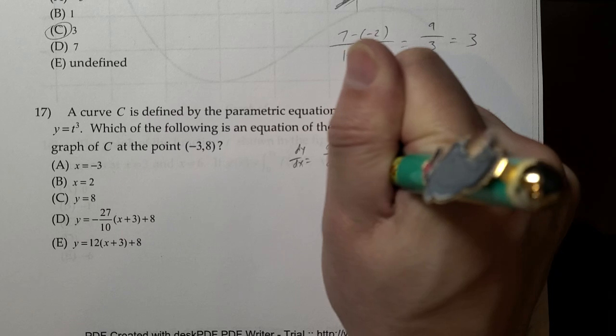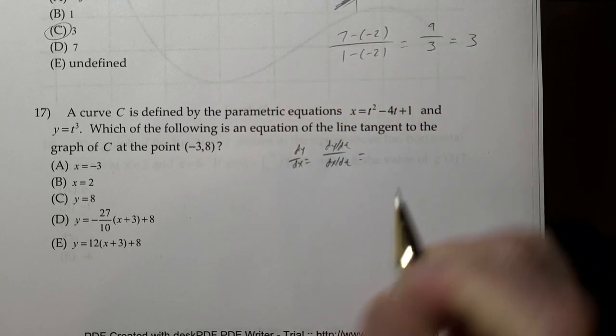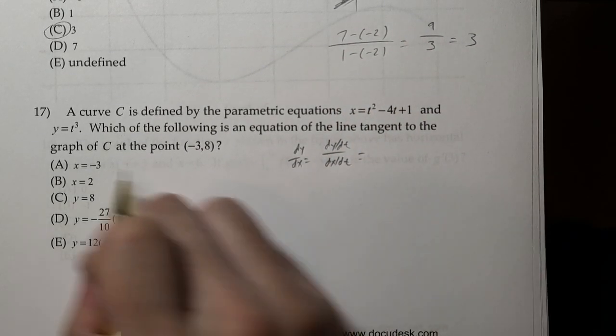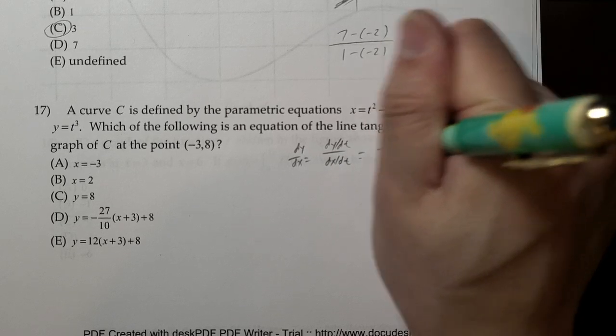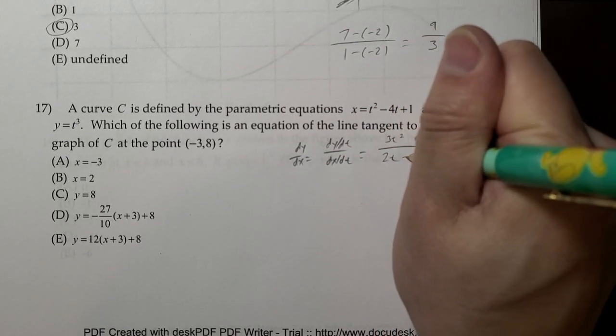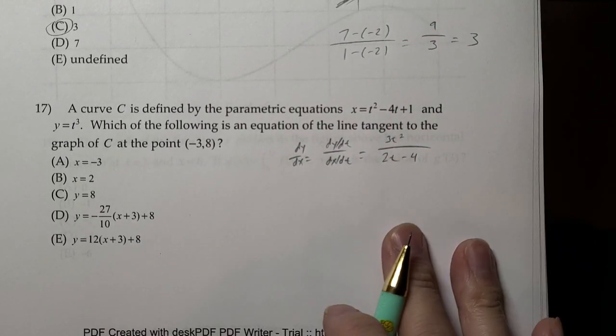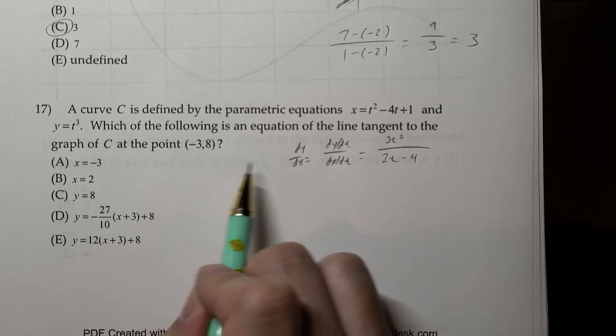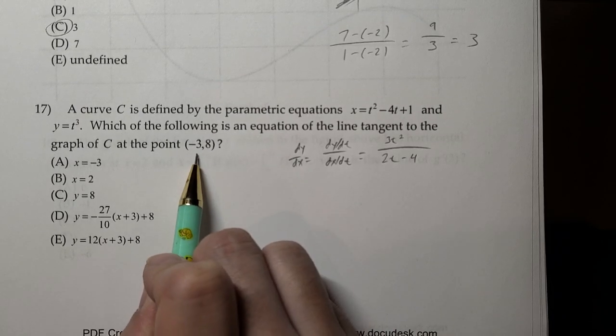We did this a little earlier. dy/dt is 3t squared, and dx/dt is 2t minus 4. Now we need to find dy/dx at this point.